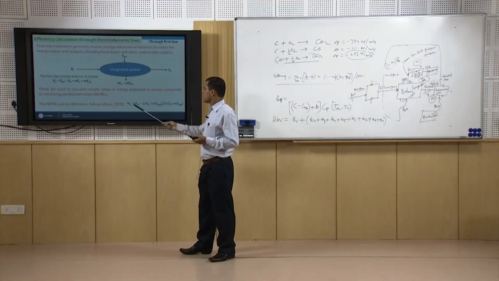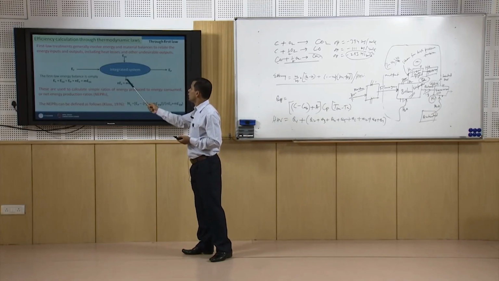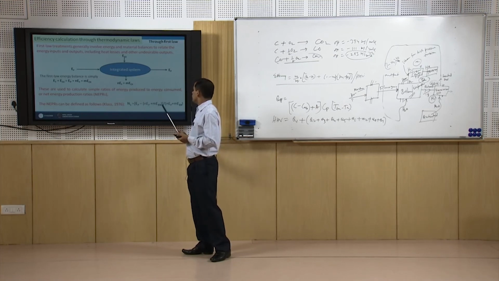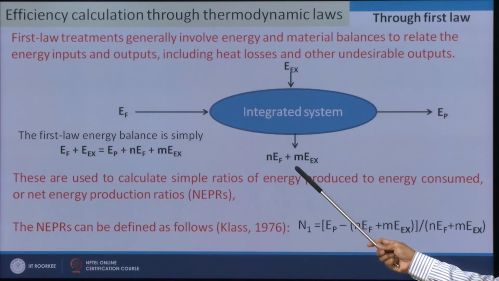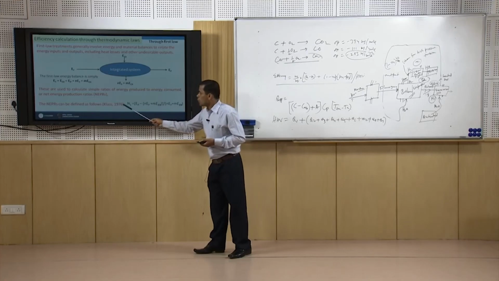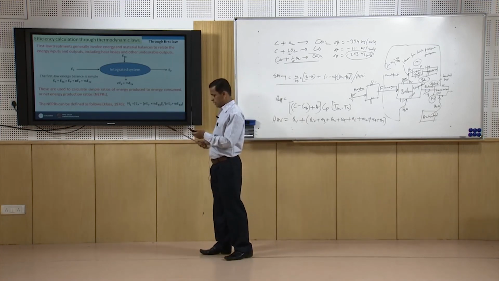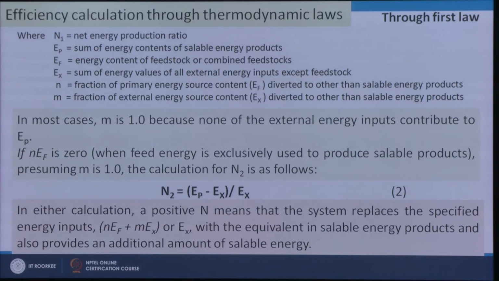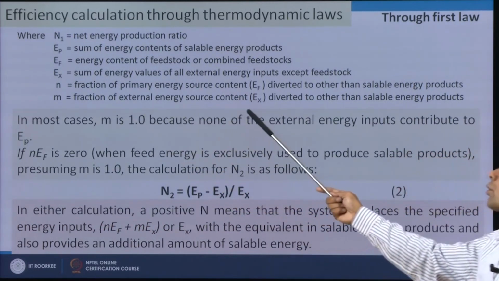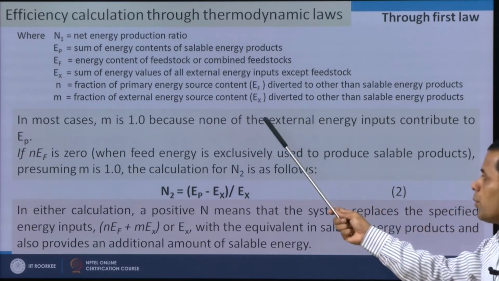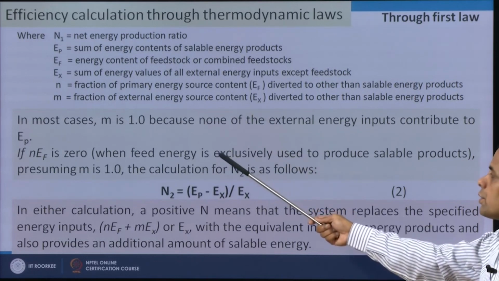For the first law, the net energy production rate is considered, which is equal to (EP minus N EF) plus M Ex, divided by (N EF plus M Ex). This is proposed by this scientist, and normally M is equal to 1 and N is equal to 0, because M is the fraction of external energy content diverted to other than sellable product. So normally M is 1 and N is 0.